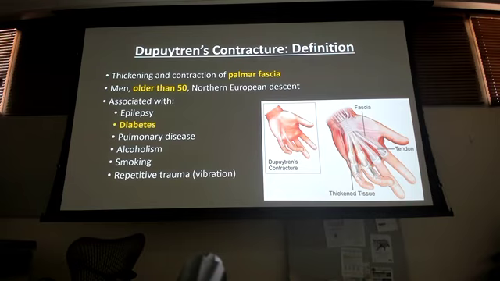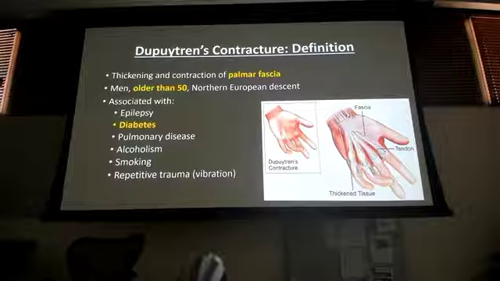Now, the Dupuytren's, again, is more in your palm. As it says there, it's a thickening and contraction of the palmar fascia, okay? So don't get those confused, because people very commonly confuse Dupuytren's with trigger finger. Can you get triggering with Dupuytren's? Sure. Don't go reading a bunch of other stuff. But this is contracture.